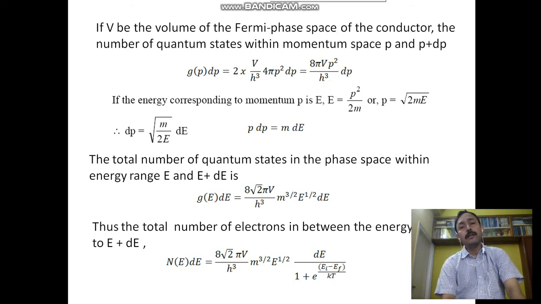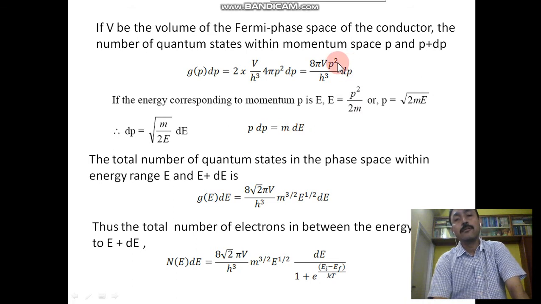If the energy corresponding to momentum P is E, then P square is equal to 2mE, P is equal to root over 2mE. So dP becomes root over m by 2E dE, or for simplicity of calculation we can write 2P dP is equal to 2m dE. 2 will cancel out, so P dP becomes m dE.